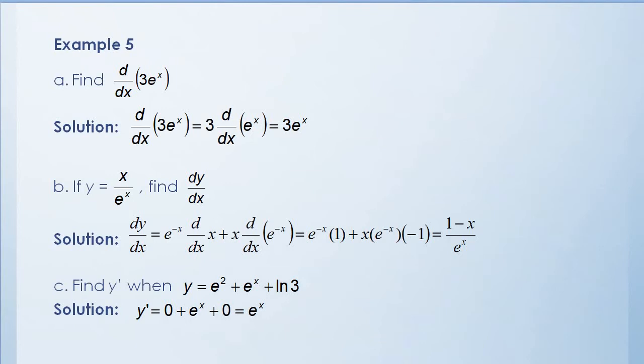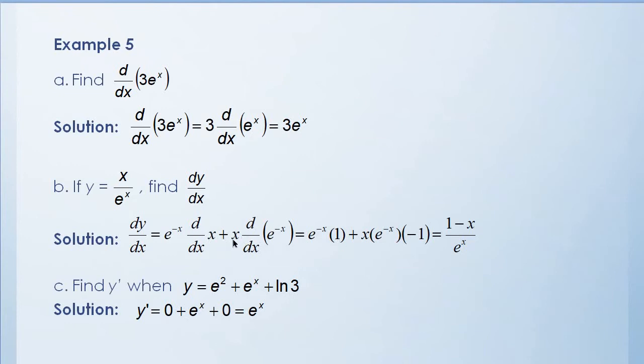Then we can use the product rule, where let u equal x and let v equal e^(-x). Then we can apply the product rule, that is v du/dx plus u dv/dx. So v, e^(-x), we just put there, differentiate u, which is x, then we have 1.